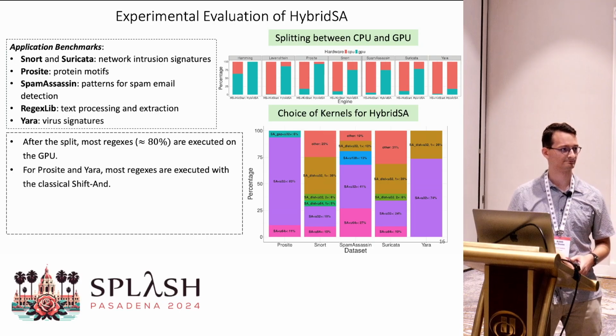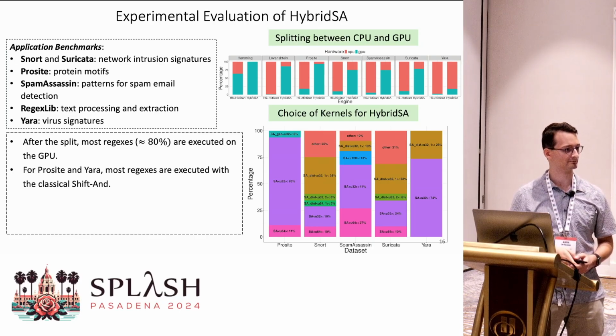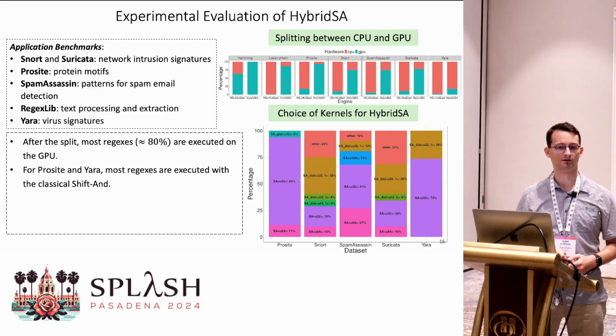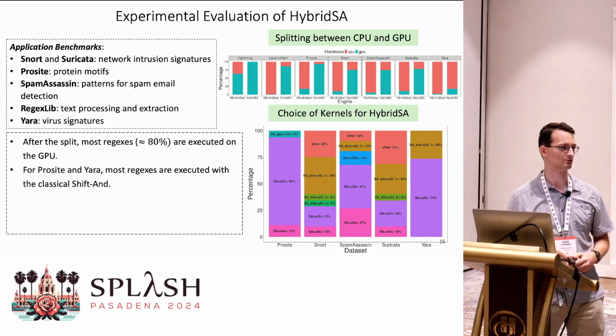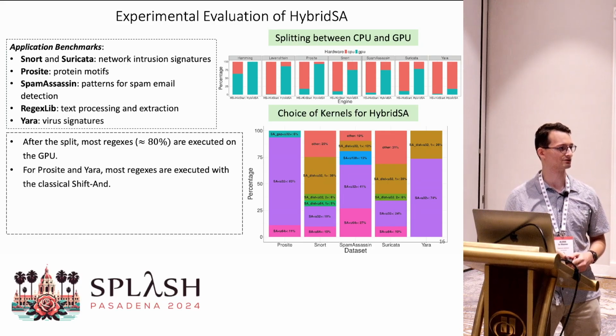I had one last question. Did you do any experiments to see how robust your speedups are across different CPU models or GPU models? We focused on an Intel CPU. We didn't do it, but it would be interesting to see that.